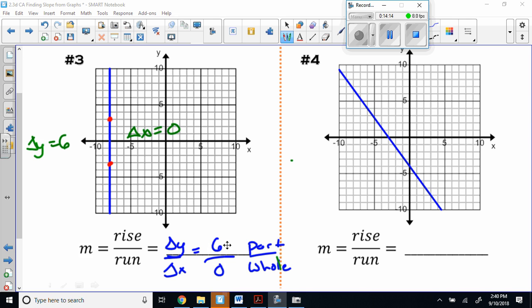Okay, anytime you have your 0 in the denominator, you have what is called an undefined situation. So, ladies and gentlemen, slopes of vertical lines, yeah. You have to get from one point to the next, right? That's slope, right? And it's constant.